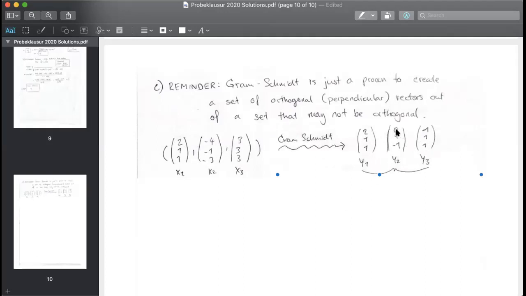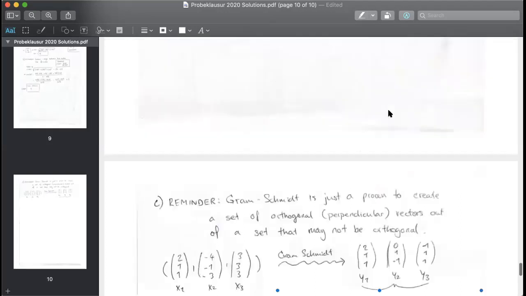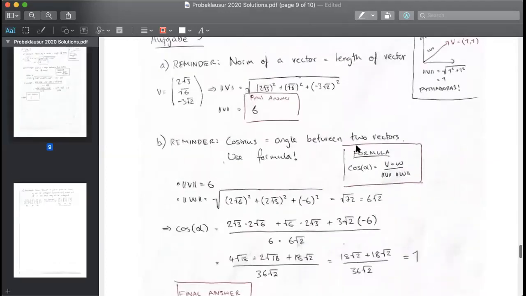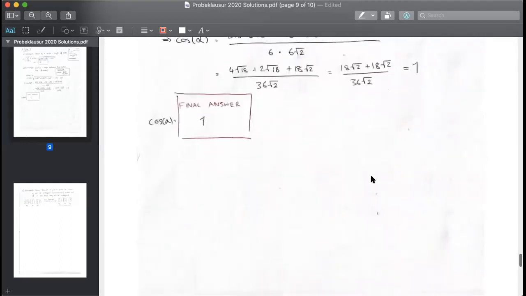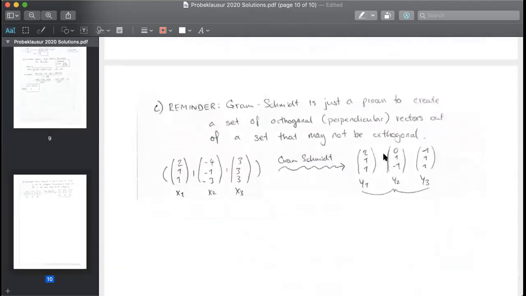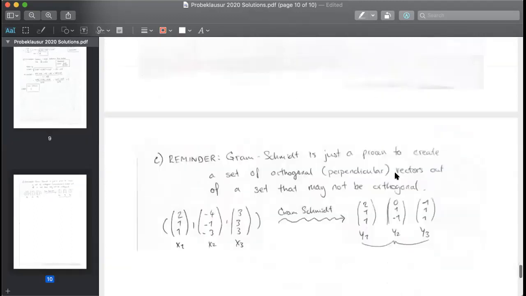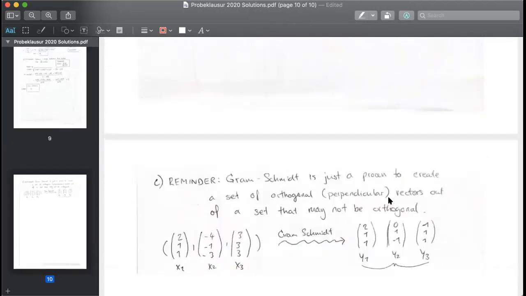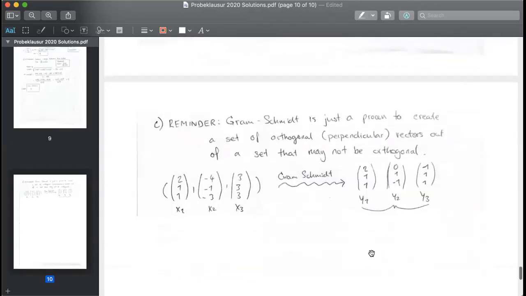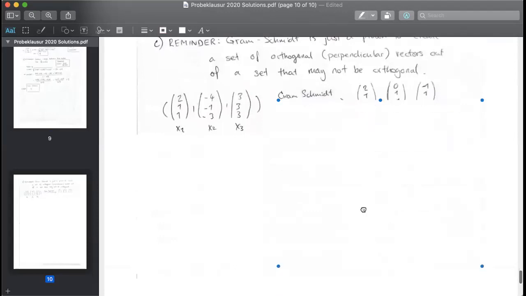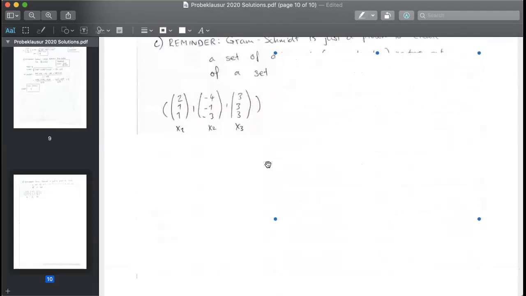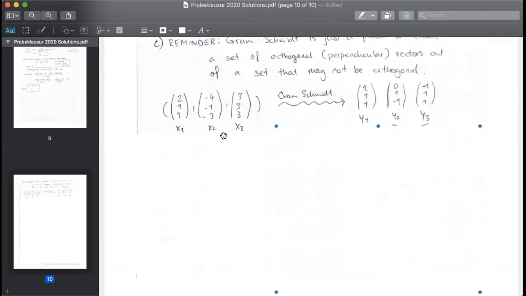If you apply the formula for the angle, this formula up here, to any two of these vectors, you'll see that the angle is going to be 90 degrees. So out of x1, x2, x3, you need y1, y2, y3. Let's find them.